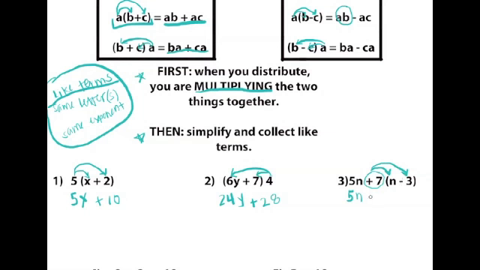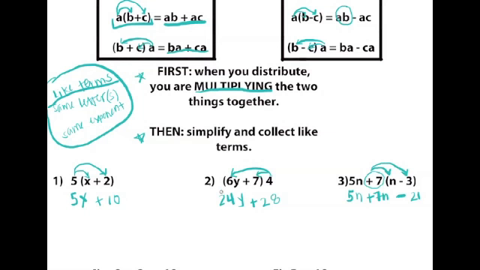So 7 times n is going to give me 7n. 7 times 3 is going to give me 21. But what do I know about this? This is the minus sign, so this time it's going to drop down here. And I end up with 5n plus 7n minus 21.